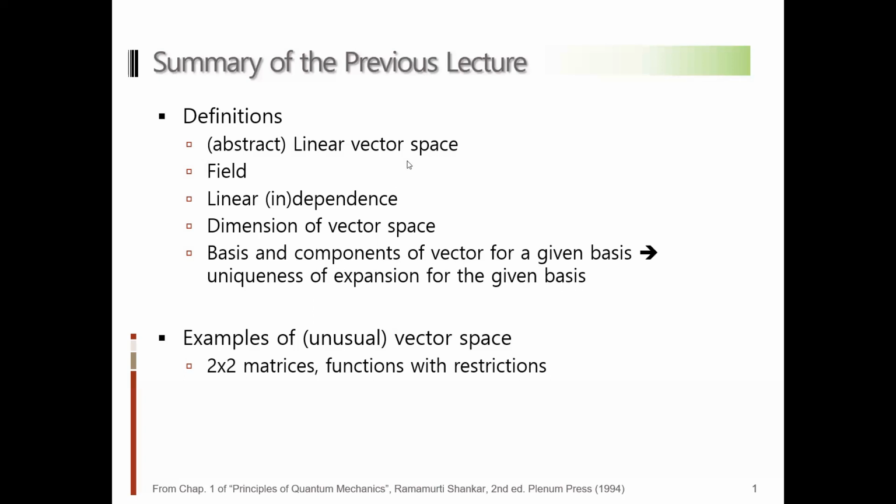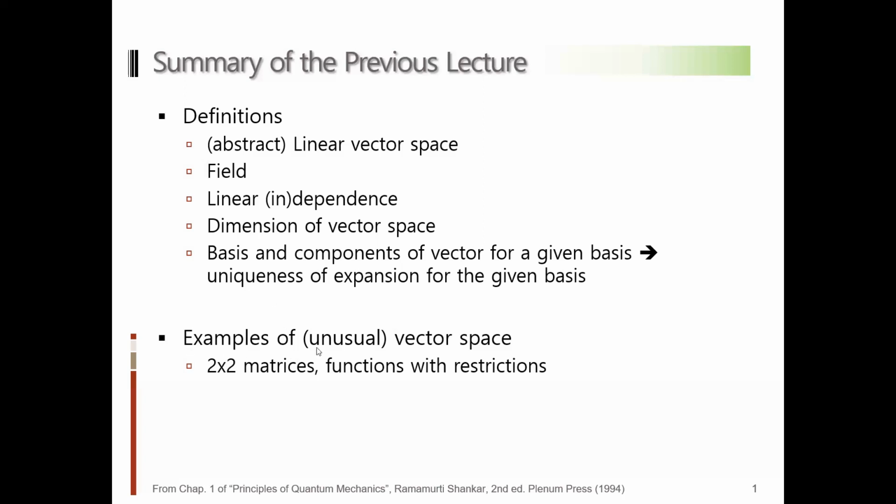For any given vector space, there are infinite combinations of the basis, but once the basis is determined, the component of the vector is fixed and unique. For the given basis, any arbitrary vector can be expanded as a linear combination of these bases, and that expansion will be unique.